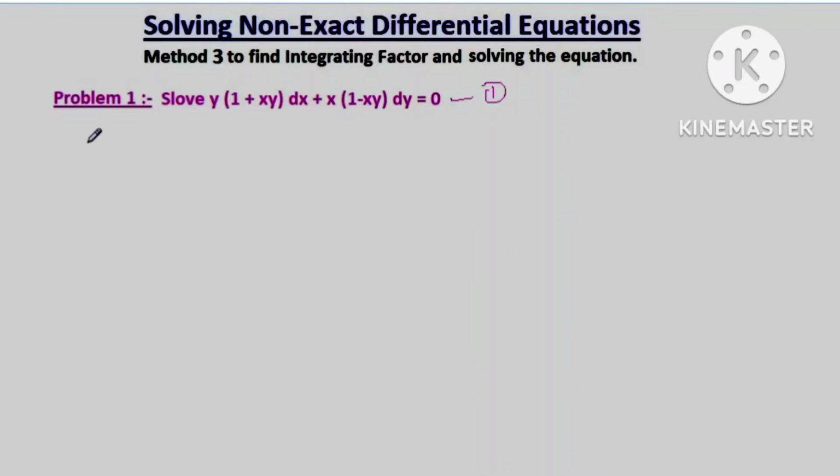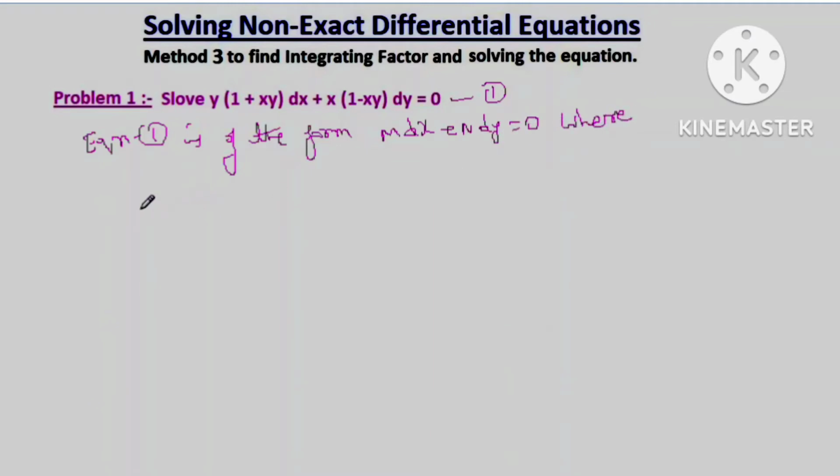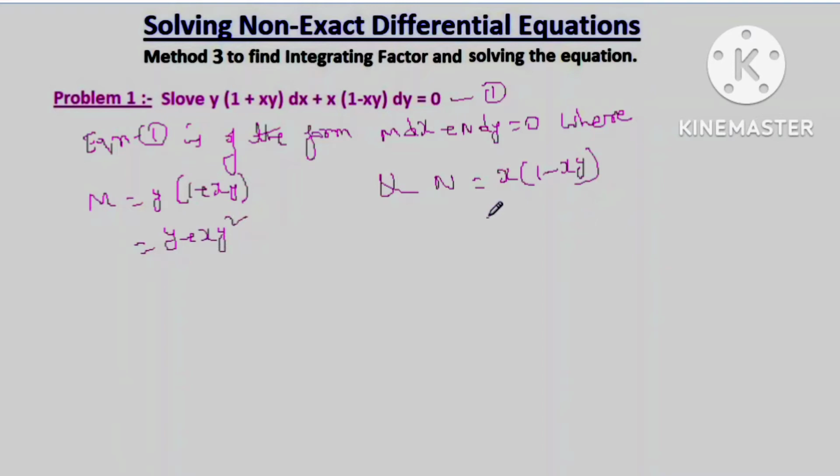Equation 1 is of the form M dx plus N dy is equal to 0, where M is equal to y into 1 plus xy and N is equal to x into 1 minus xy. So this is nothing but y plus xy square, and this is x minus x square y.